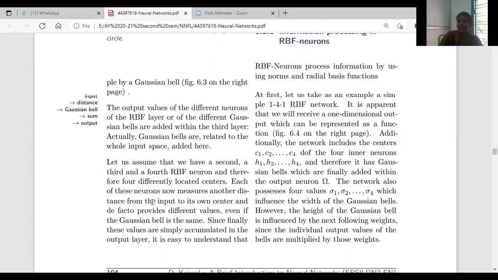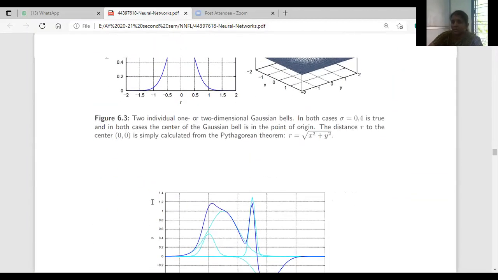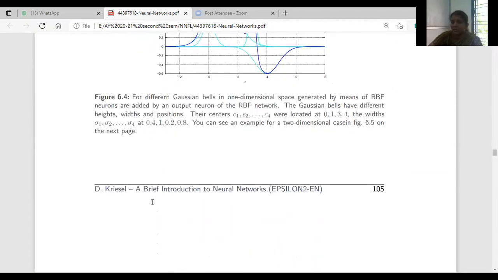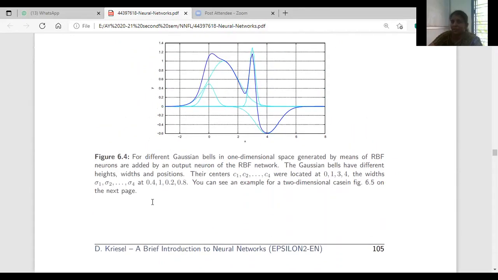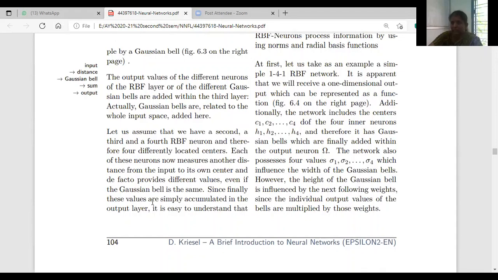So here in the network, they have considered an example of a 1-4-1 RBF network. That is, it represents a one-dimensional output, which can be represented as a function.